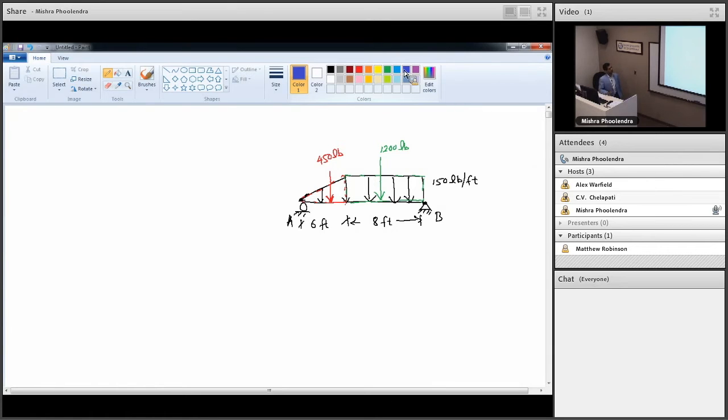We have two point loads, 450 and 1200. Where would be the resultant force of these two acting? Somewhere in between, right? And that force would be exactly equal to the sum of these, which is 1650, right? So 1650 pound force will act somewhere.